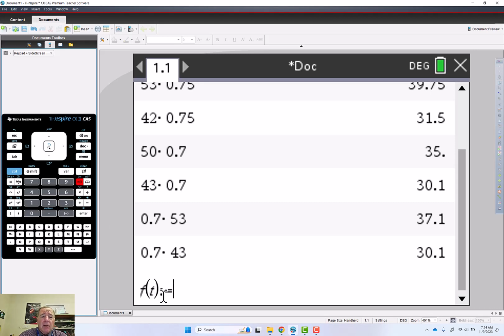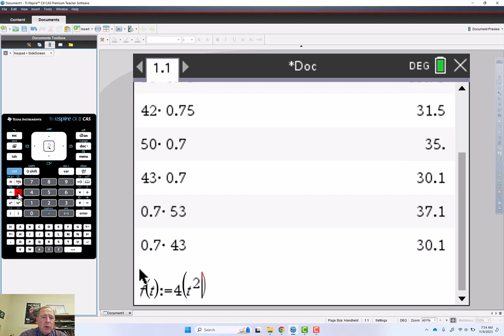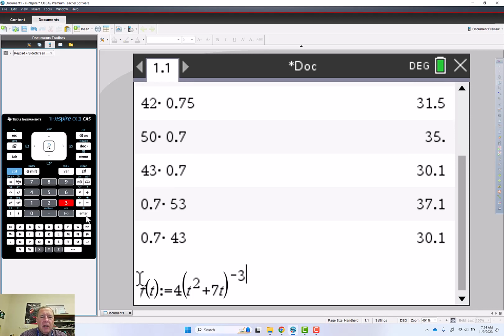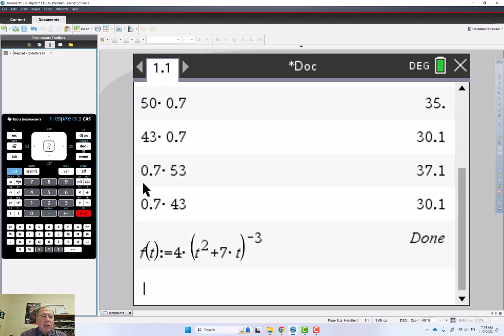That's calculator language for f at t is defined as. So we'll put in 4, then times parenthesis t squared plus 7t, get out of the parenthesis, then to the negative 3 power. So I've defined that function. It's now part of my variable list.